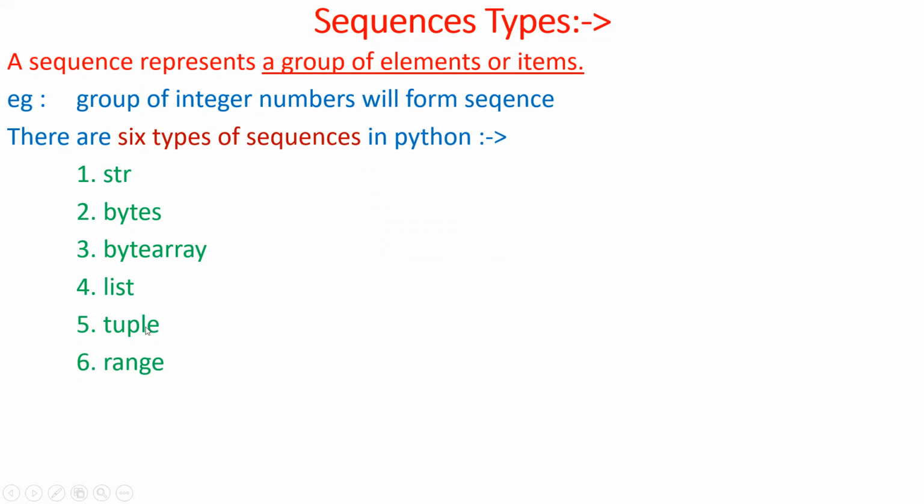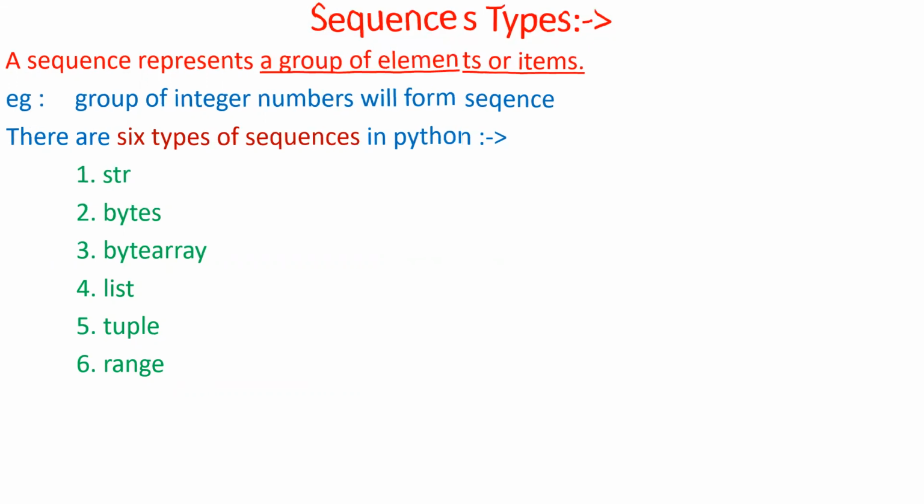This is the beauty of Python. In C++ we have a restriction: in an array you can only store the same type of data. That is not the case in Python. In a list or a tuple, you can put one data of integer, a second of string, a third of float, and so on. This is the beauty of Python.